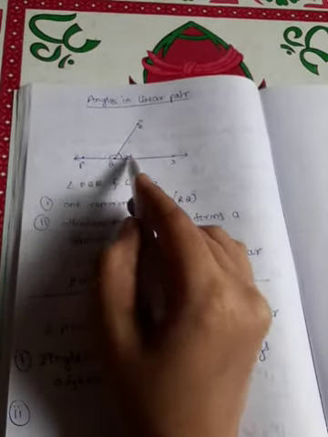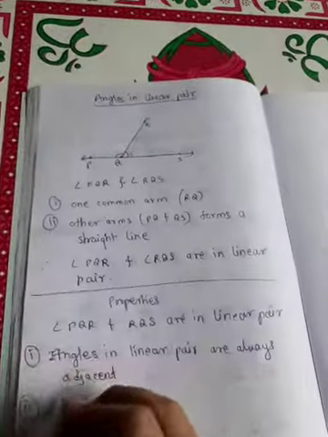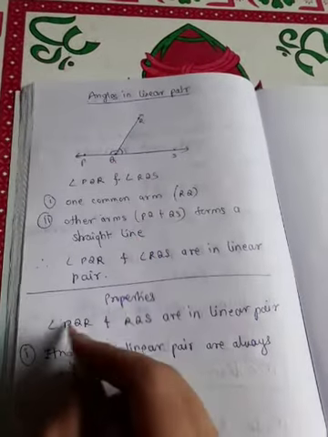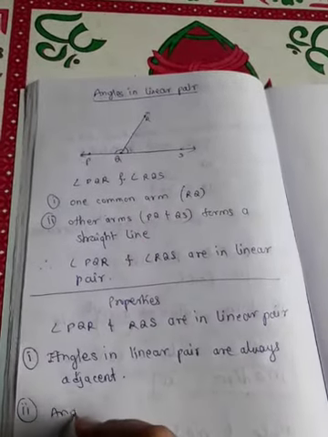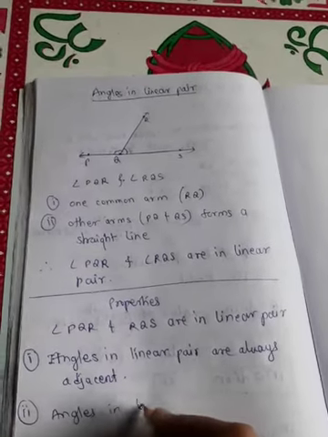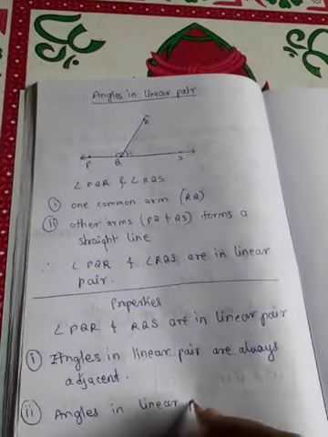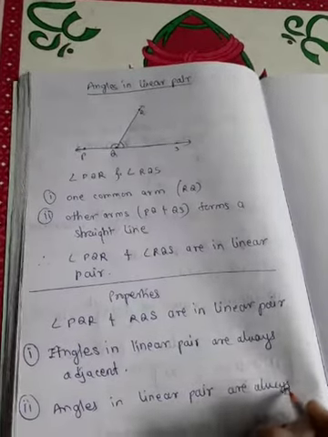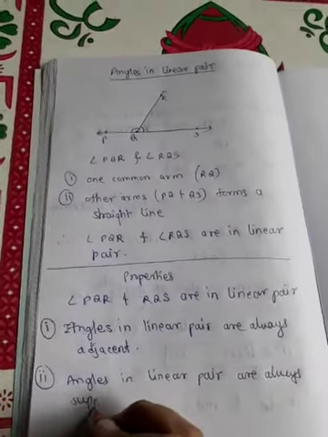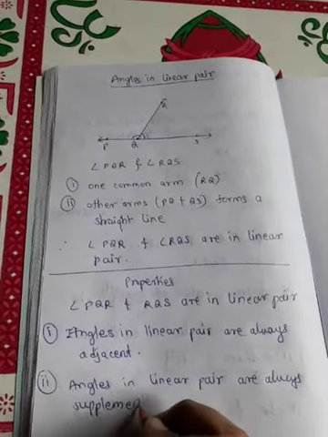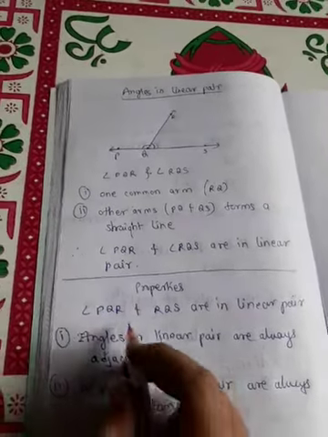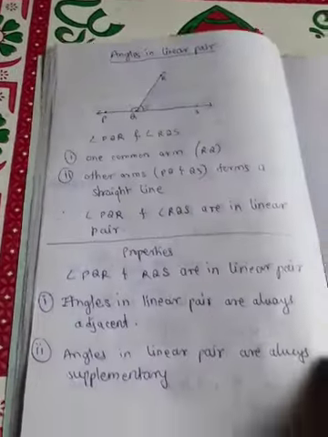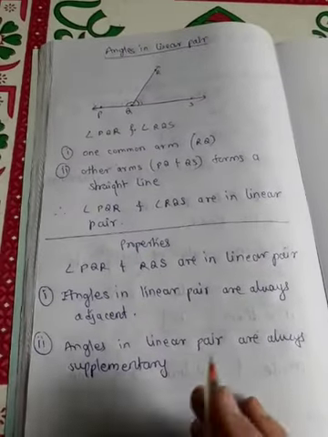Therefore these two angles are supplementary. So angles in a linear pair are always supplementary, because the sum of measures of angles in a linear pair is 180 degrees.